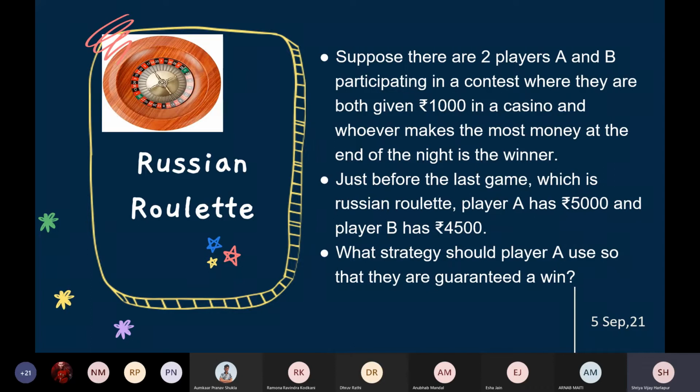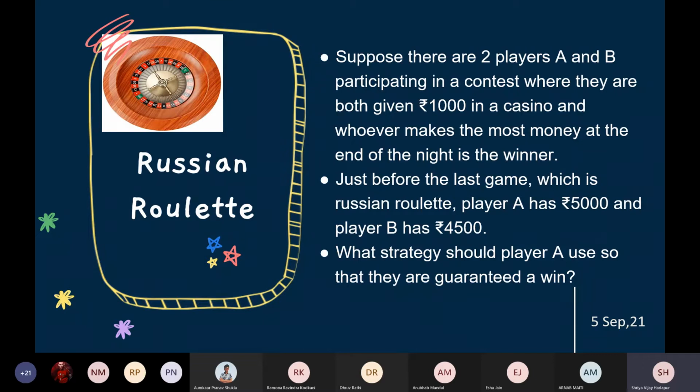So if I bet on an even number, half of the numbers are even numbers. So if I bet 100 rupees and I say I bet that this is going to land on an even number, then I'm going to get 200 rupees if it does land on an even number. And if it lands on an odd number, then I lose my money, right?